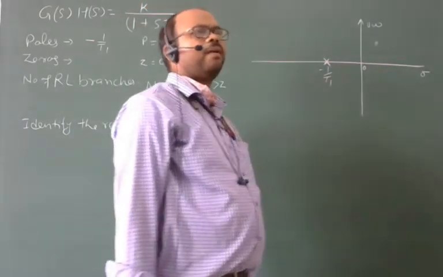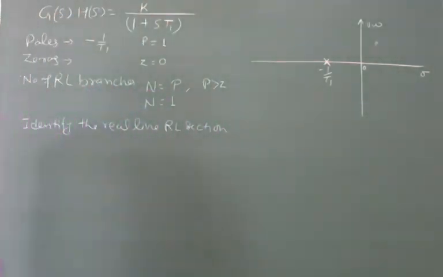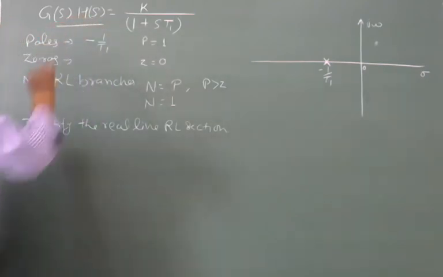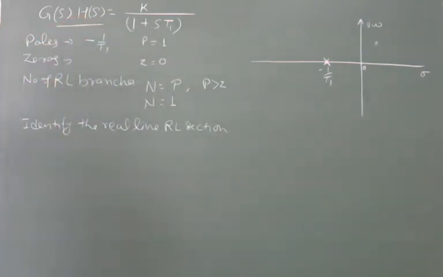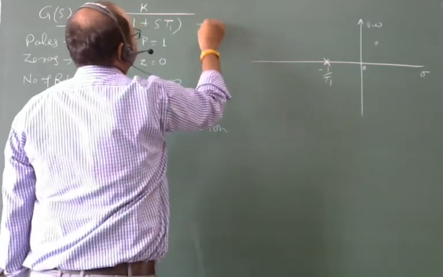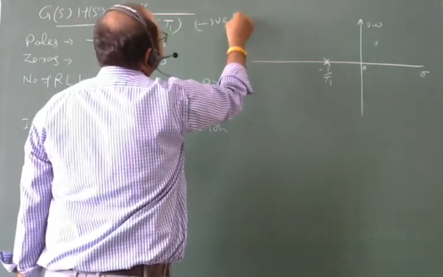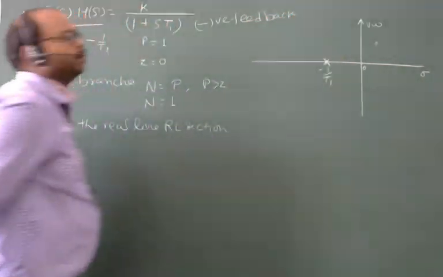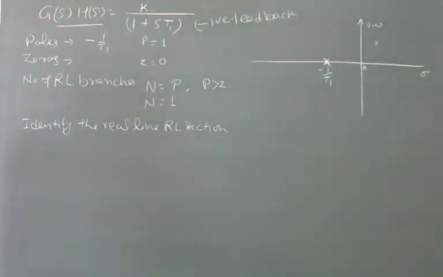So, let us consider that this G(s)H(s) is given with negative feedback. This G(s)H(s) is given for a negative feedback system.